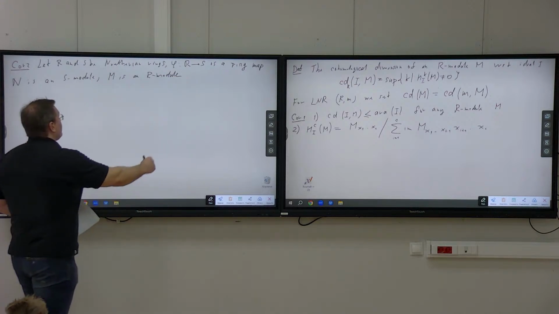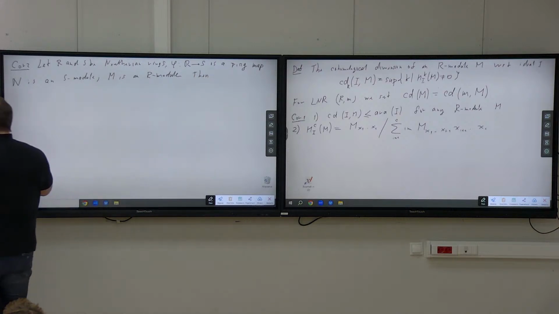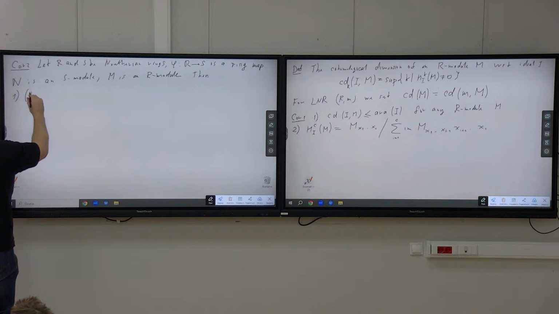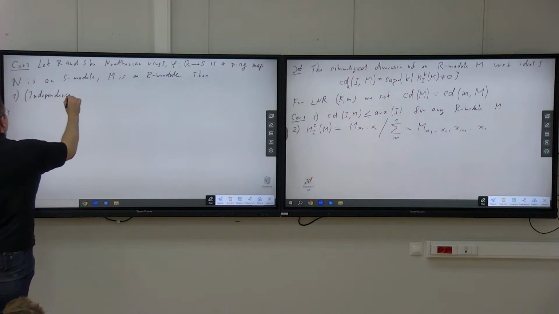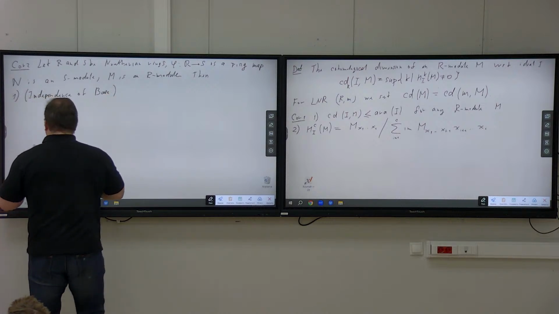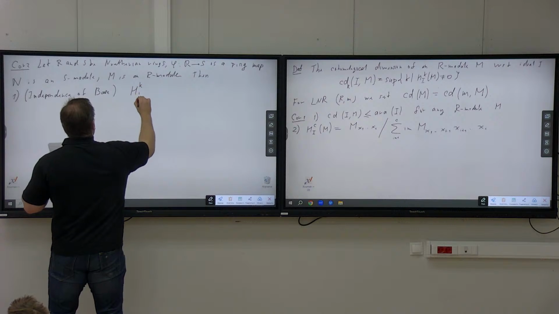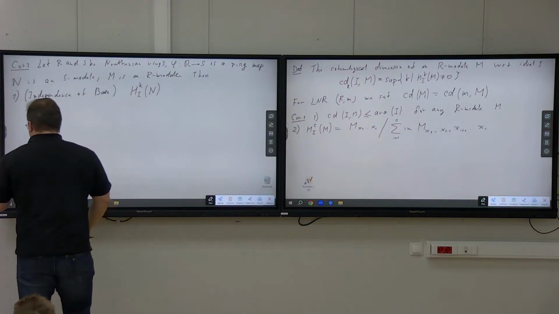Okay, so then first, sometimes this is called the independence of base for the local homology. Independence of base. And the statement is that if you compute local homology for the ideal I and the module N, right?